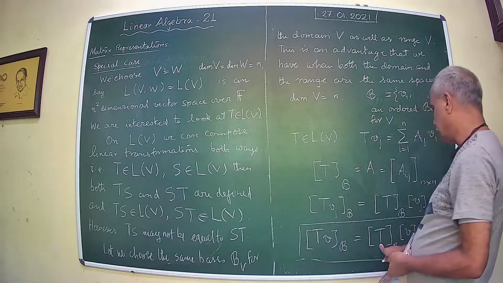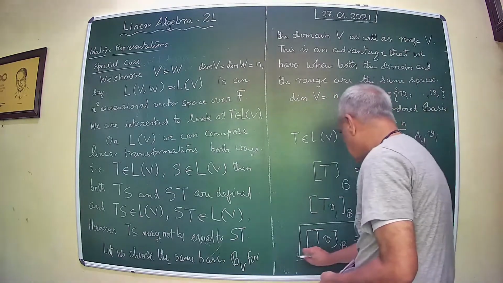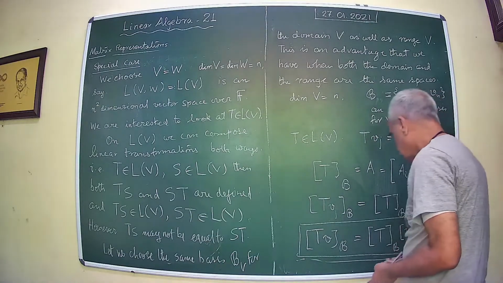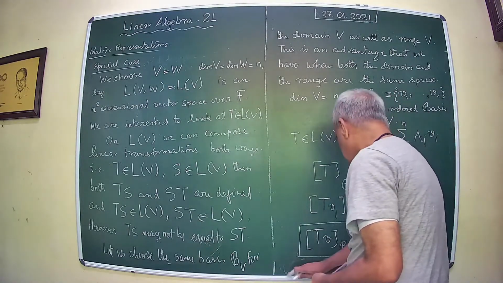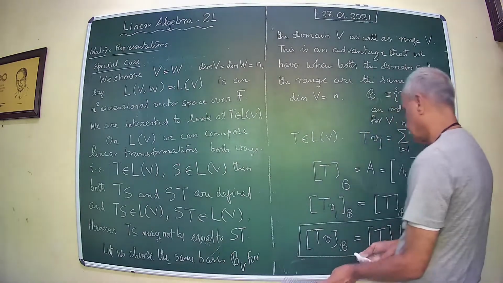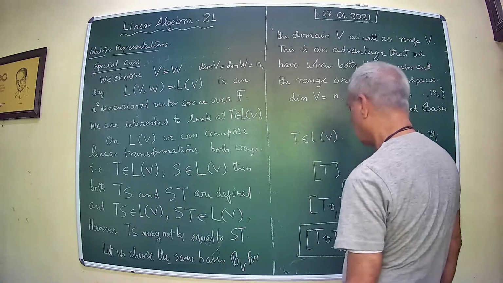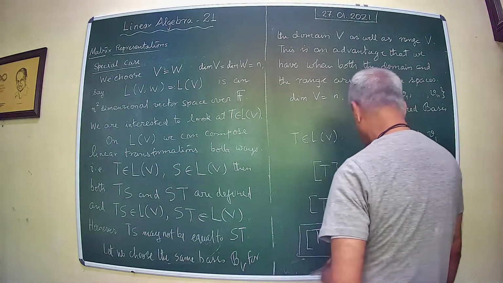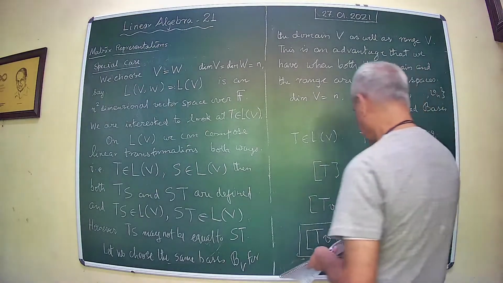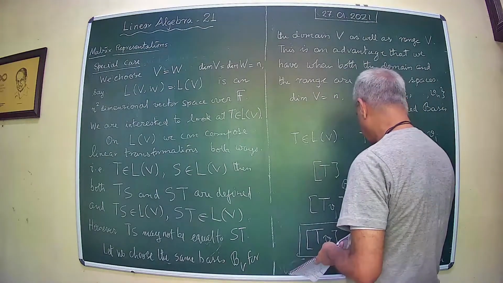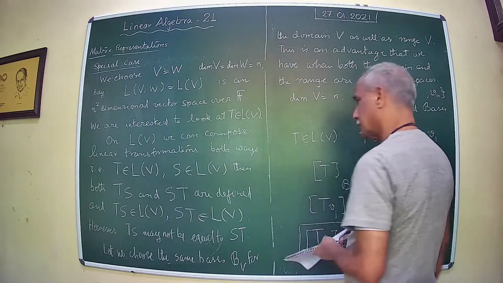So we call this A, then this corresponds to the following: actually A into x.